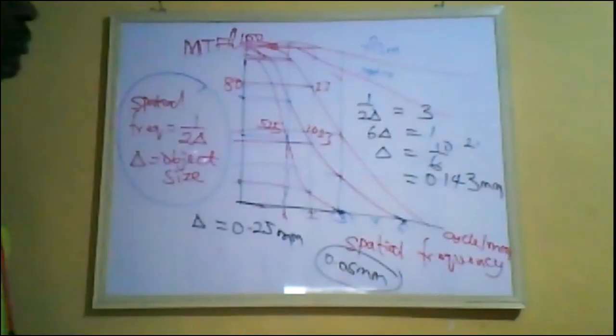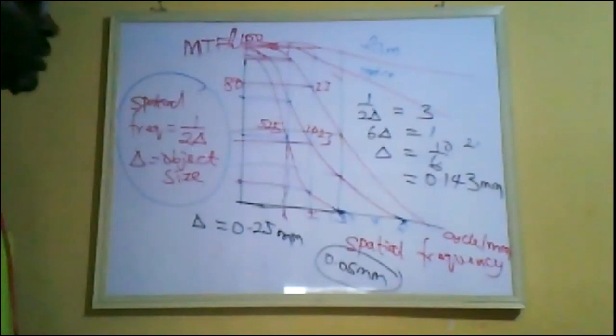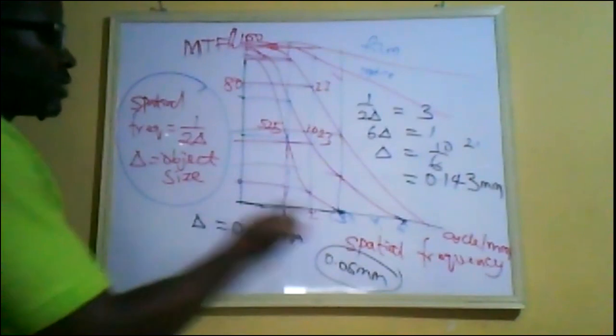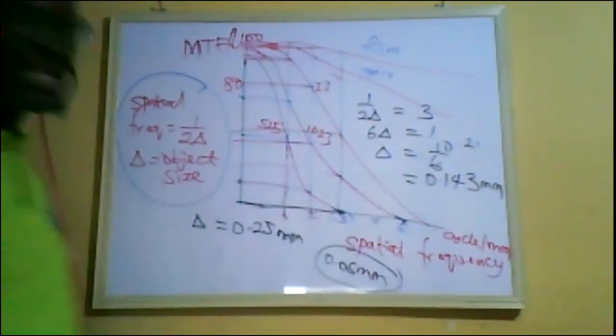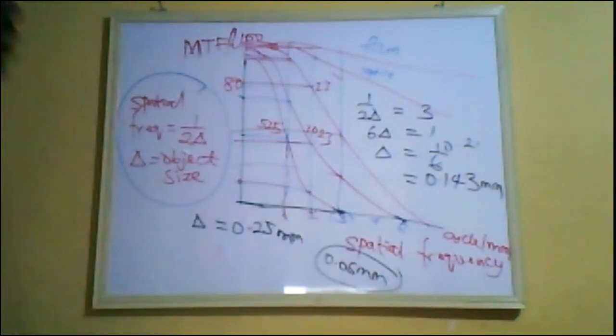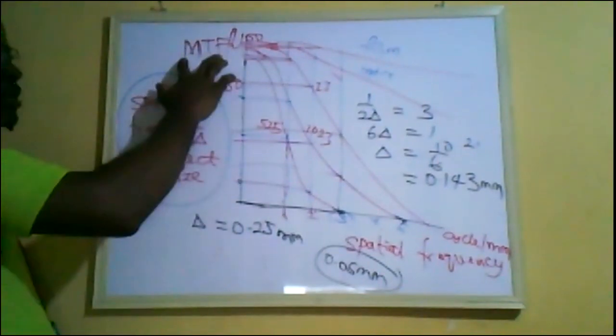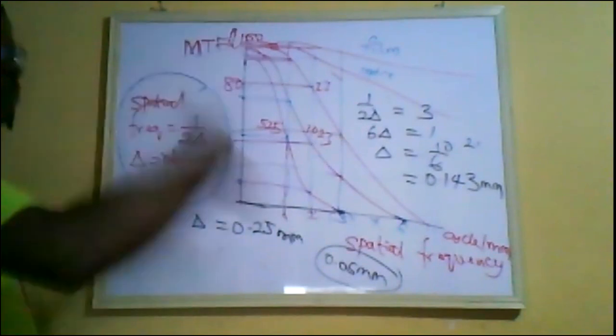So an increase in spatial frequency reduces the MTF. As the size of an object becomes smaller and smaller, the spatial resolution, which is determined by the MTF, reduces.